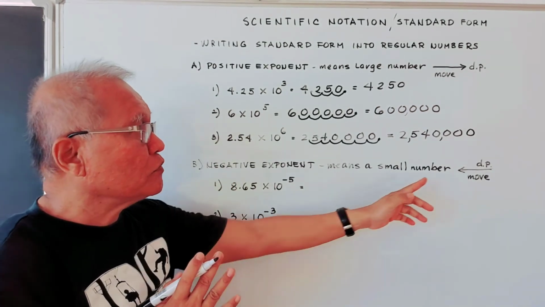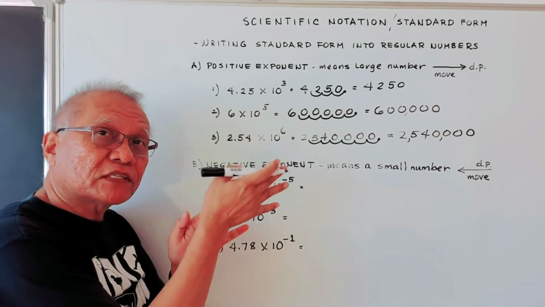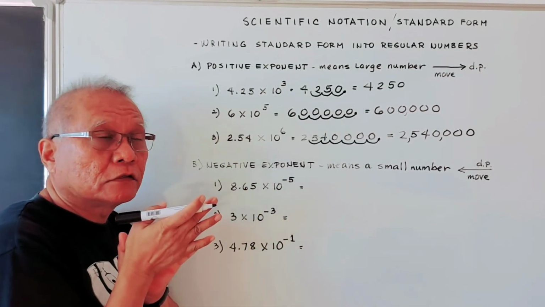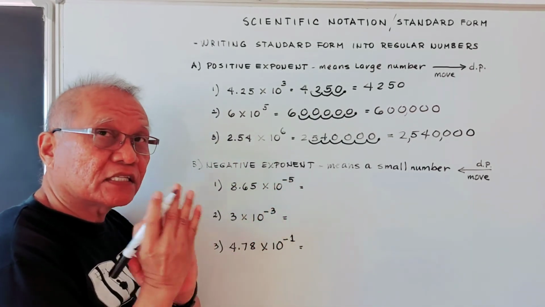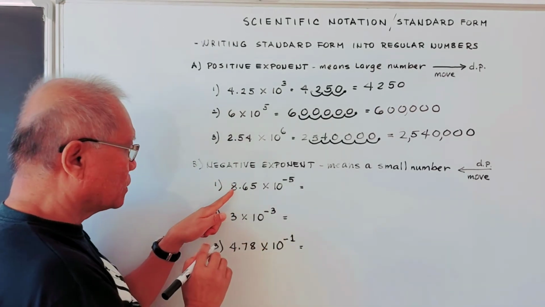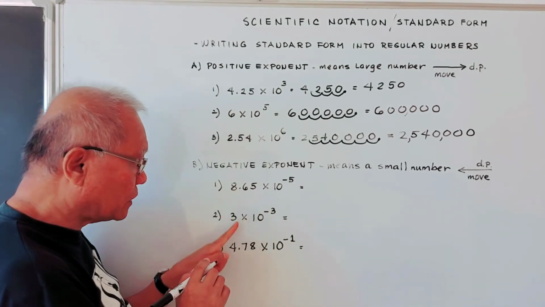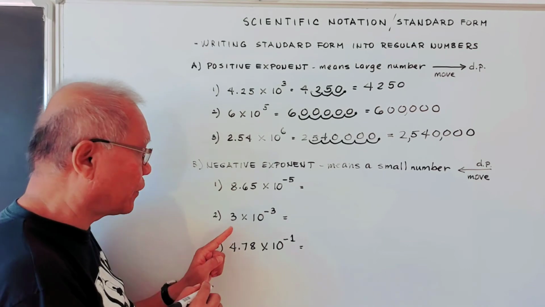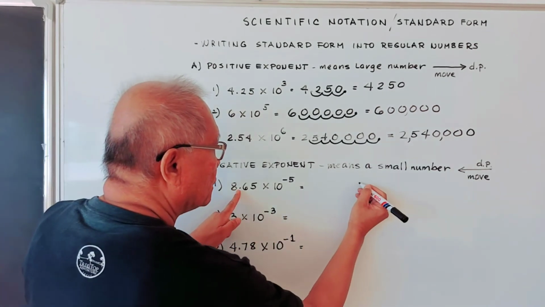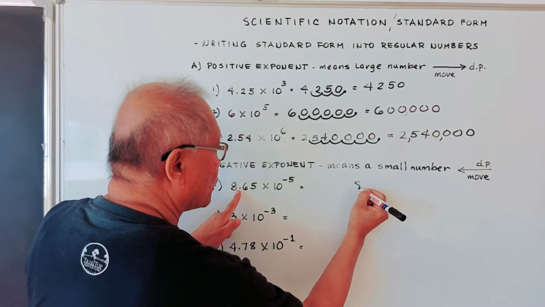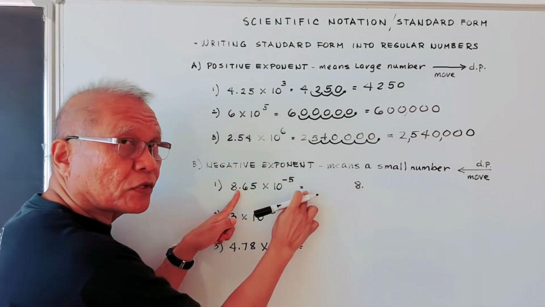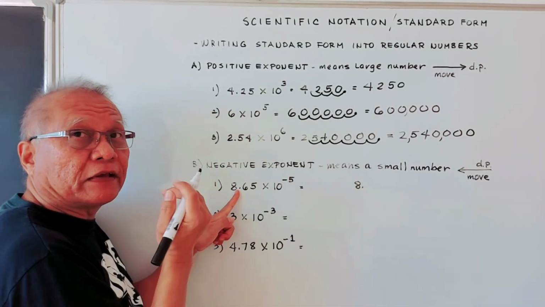Negative means we are going to move our decimal point from the standard form to the left because negative means it's a small number. So 8.65, this one, you see, they are all in standard form. So right here, I'm going to place the 8.65 far from this one because we are going to move to the left.